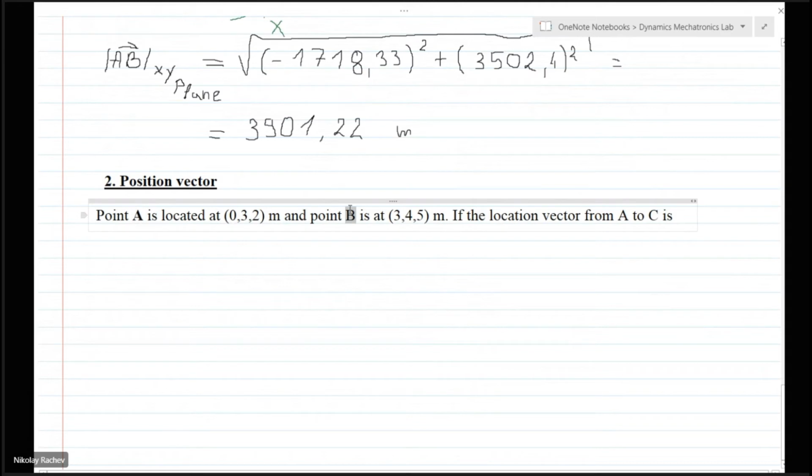So I will bold the points A, B, and there is another one, point C here. But there are no coordinates. It is from A to C is, as you can see, minus. That's maybe due to the calculations like we already did so far. So minus 2, 0, 4 meters.